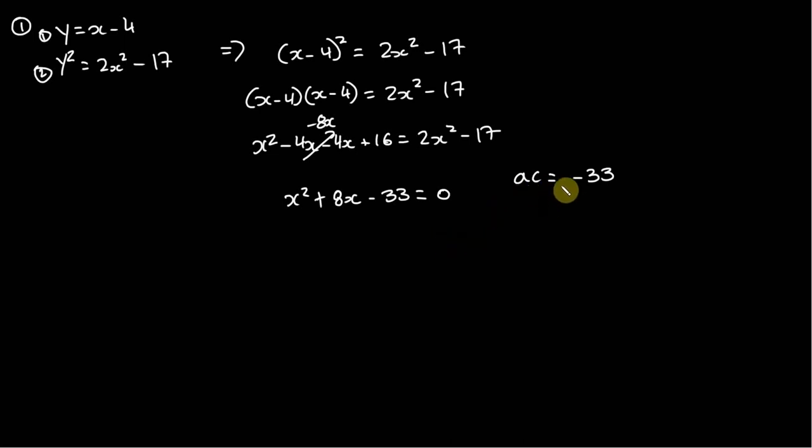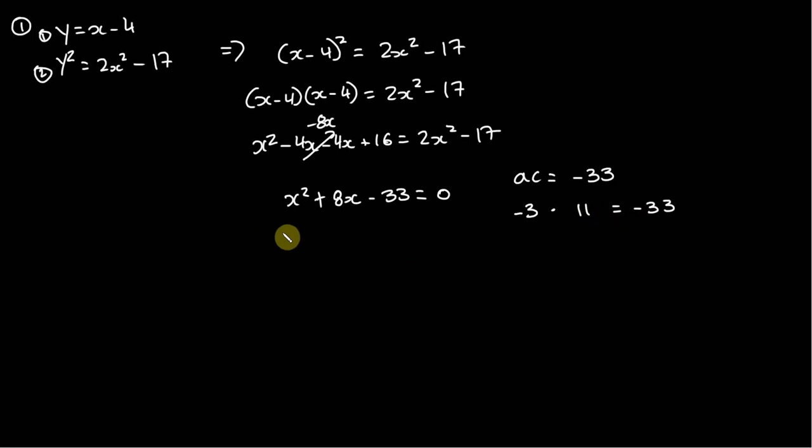Now we need to find what multiplies to negative 33 and adds to positive 8. The first thing that comes to my mind is 3 and 11. 3 times 11 is clearly 33, and we need it to add to 8. So if we make the 3 negative, 11 minus 3 is 8, and negative 3 times 11 gives us negative 33.